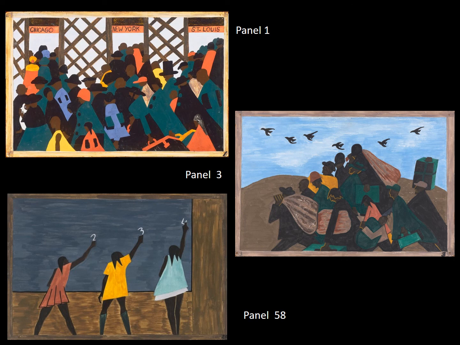You can see, even though the panels are very separate, they are united in style, though. He keeps the same silhouetted forms of figures that we saw Douglas playing with as a way of representing masses of people by not individualizing them, presenting them as silhouettes.